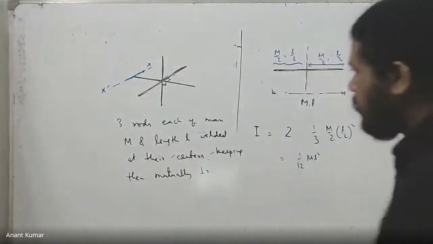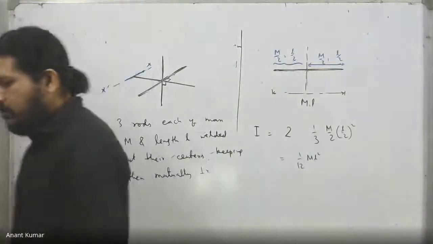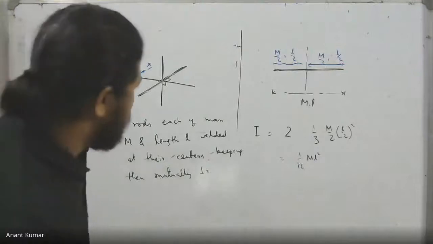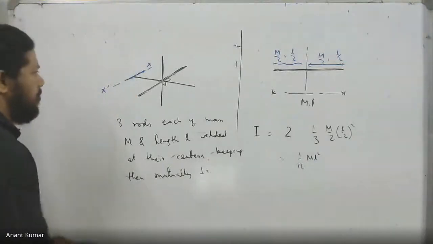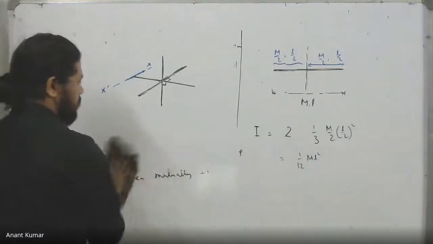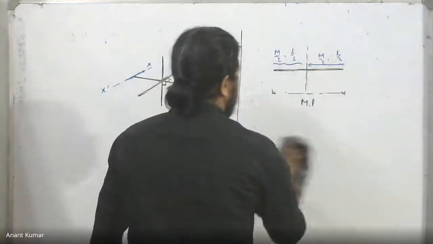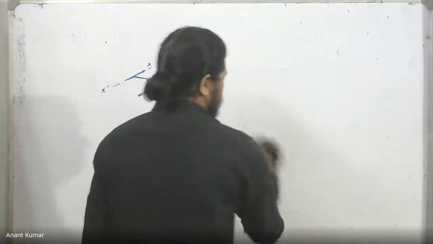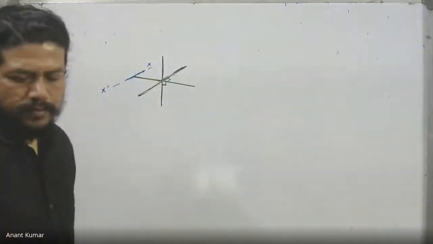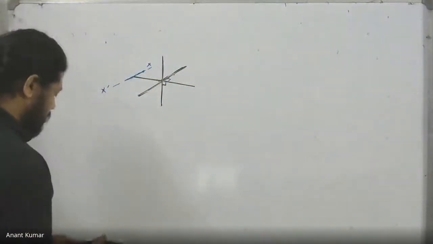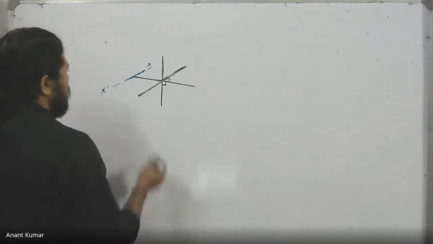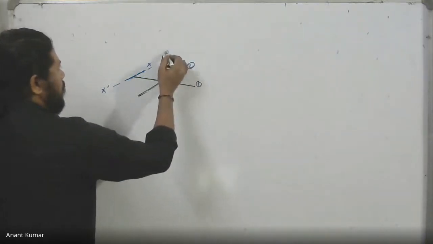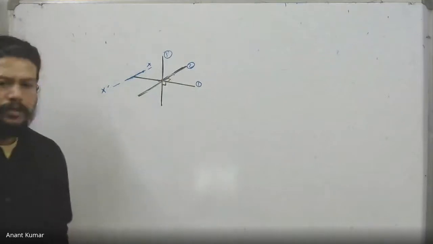As I said, in this case, we can obtain the moment of inertia by adding the individual moments of inertia. Say we have rod number 1, rod number 2, and rod number 3.